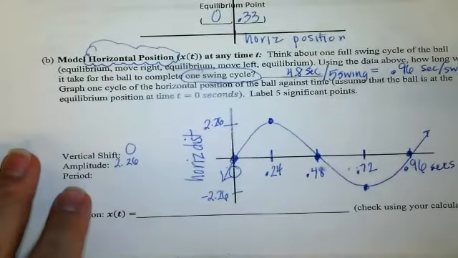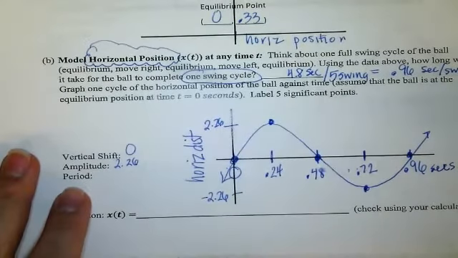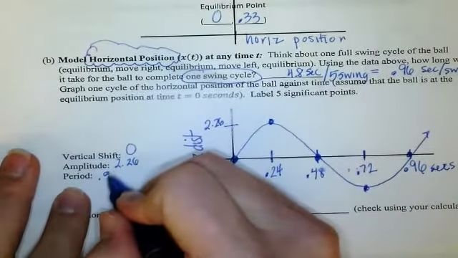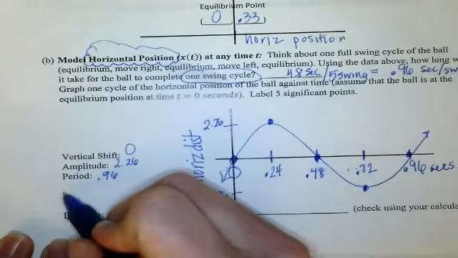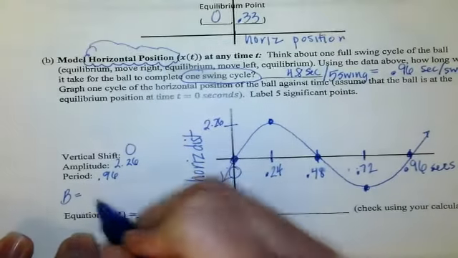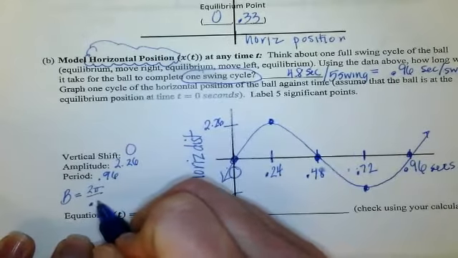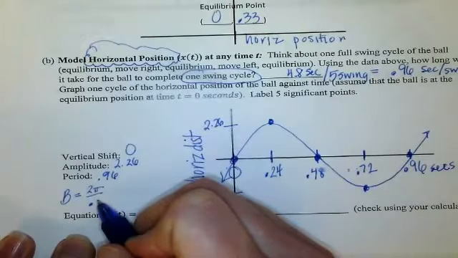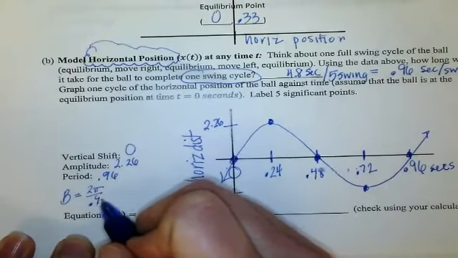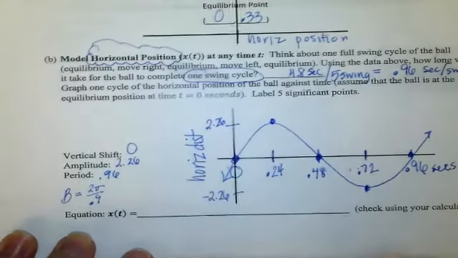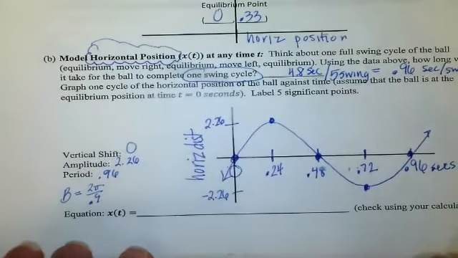And then I asked, what's the period? 0.96, but we don't use period in our equation. We use B. So what's B? 2 pi over 0.96.